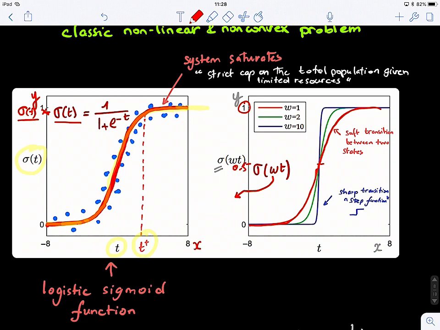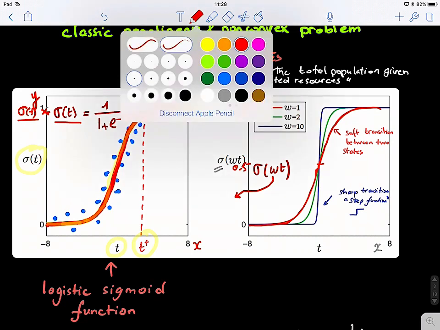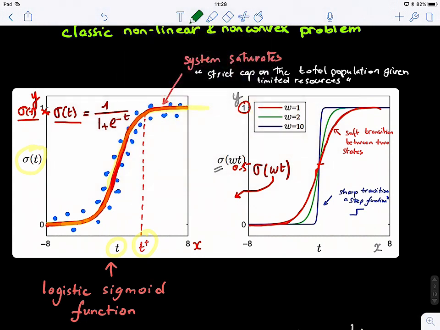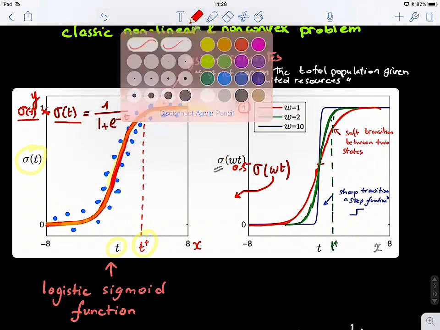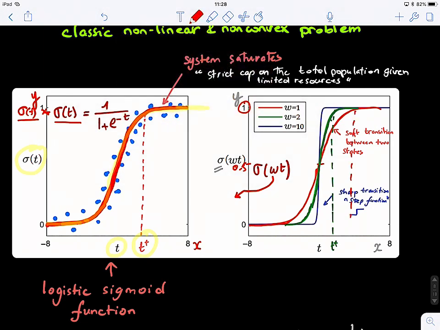Okay, and then if we have a larger weight, we can see that the transition becomes sharper. So the system quickly saturates. Okay, so it saturates faster. So the saturation T here comes earlier, it's smaller than the saturation of the red curve right there.